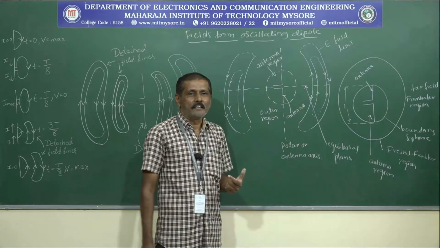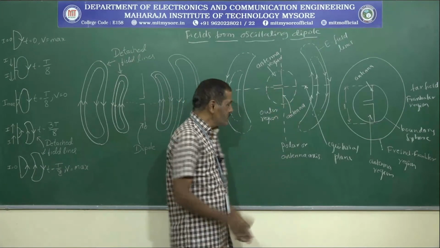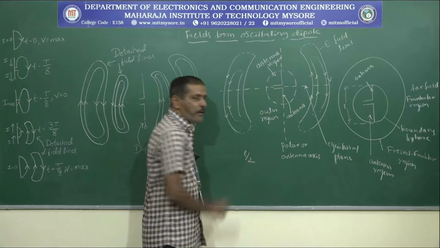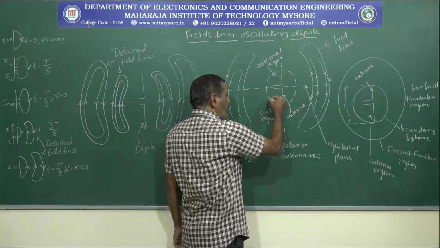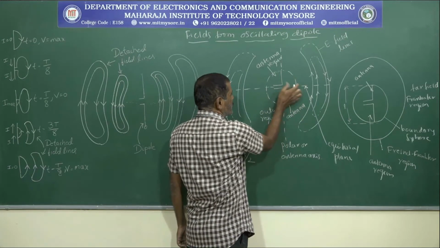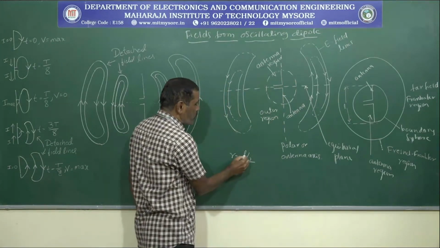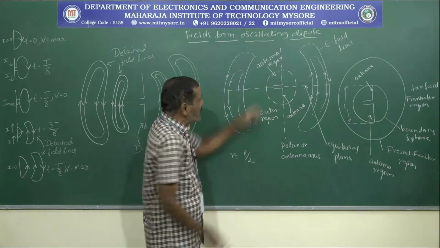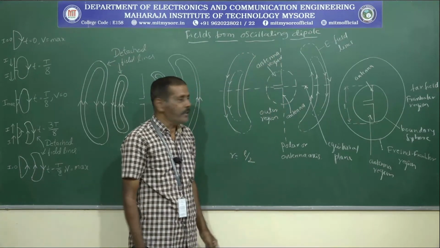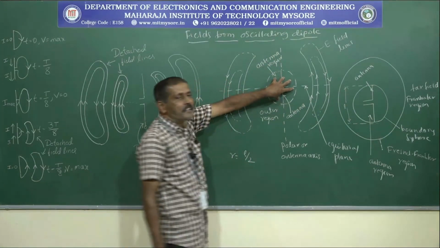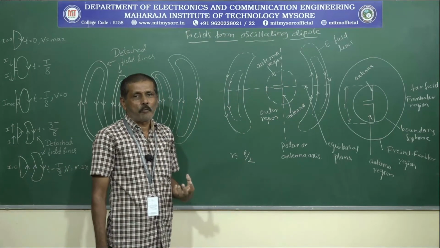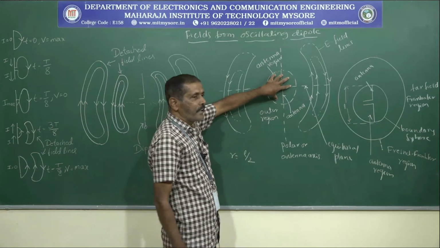The antenna region has a radius equal to L by 2. Whatever sphere has been shown has a radius equal to L by 2, where L is the length of this particular antenna. Within this antenna region, you have the electromagnetic field radiated by the antenna.